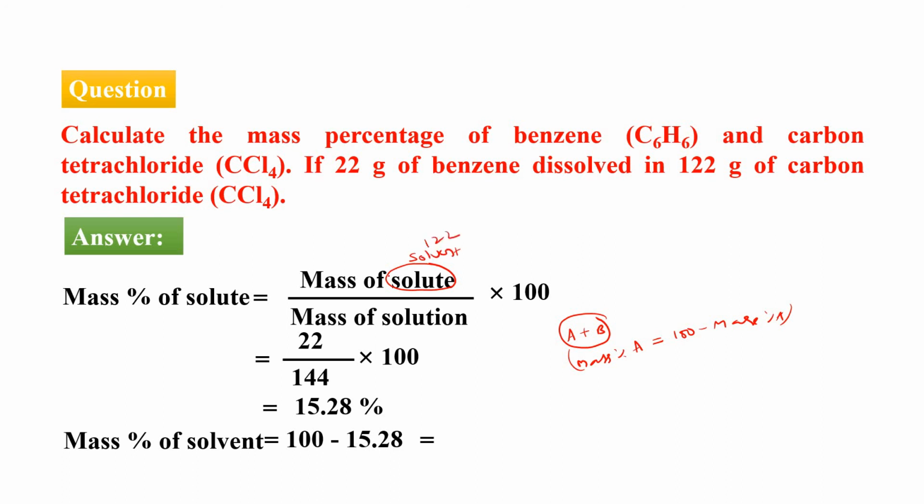Substitute 122, and we get 122 by 144 into 100. You will get the same answer, 84.72%. This is about the mass percentage.